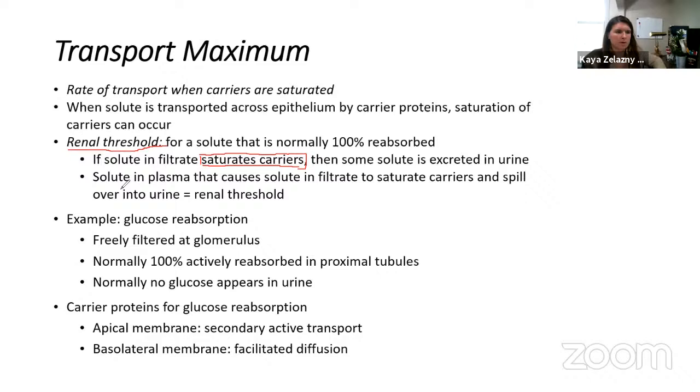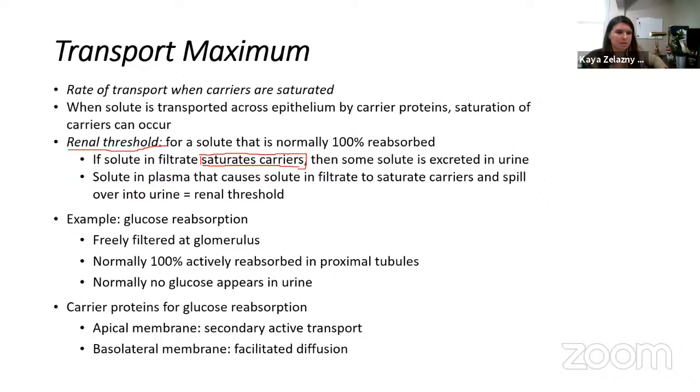Okay, so when we have solute in the plasma going really fast through the filtrate, we're above the renal threshold, we'll saturate the carriers and spill over into the urine. Our example for this, and the large reason we care about this, is glucose reabsorption. It's freely filtered at the glomerulus, meaning that all the glucose that's in the plasma moves into the nephron at equivalent concentration.